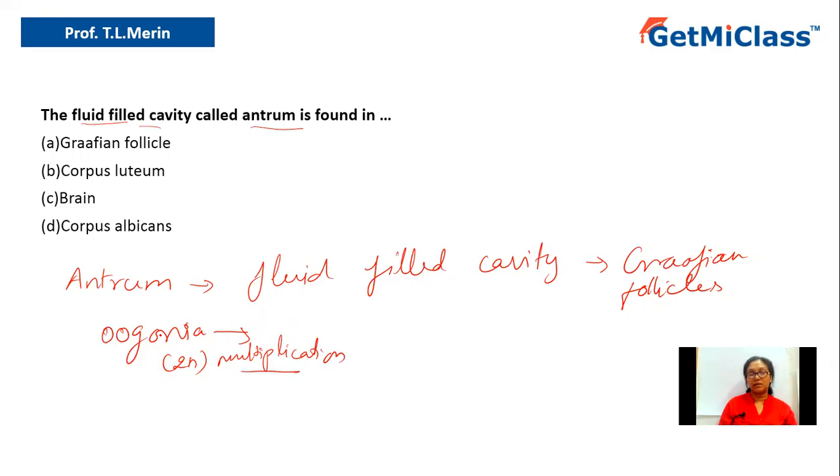The cells actually divide to multiply themselves, so you get a high number of oogonial cells. Further, these oogonial cells enter into meiotic prophase 1 stage.